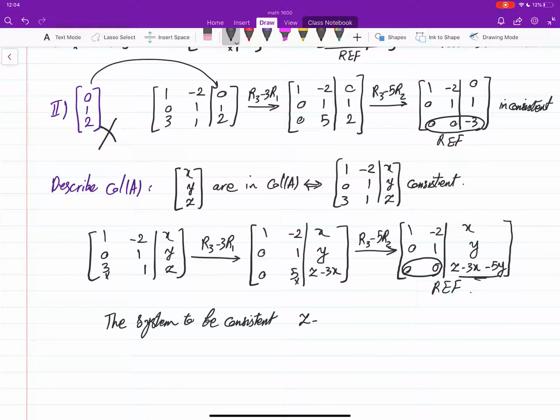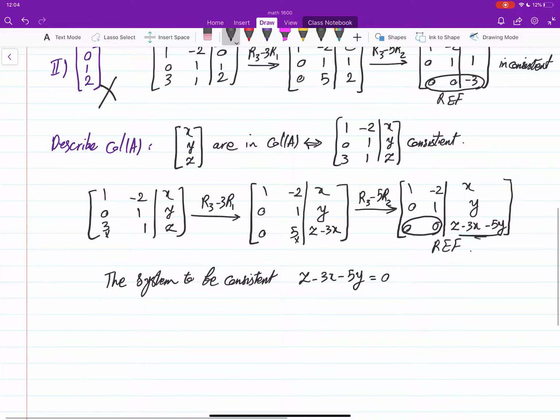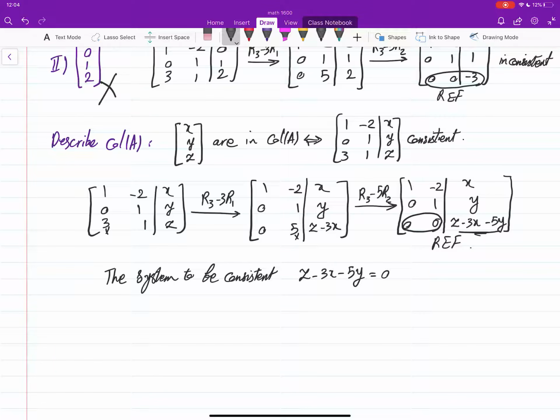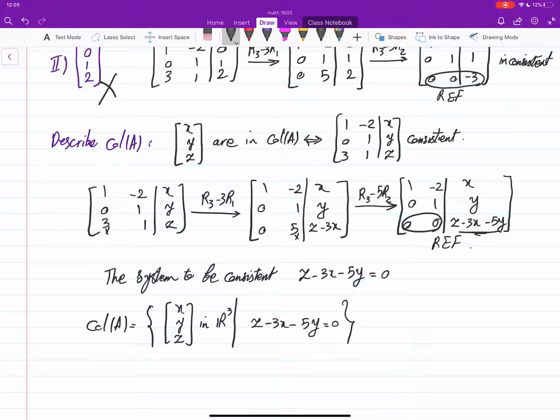So z minus 3x minus 5y needs to be equal to 0. And as you can see, this is a plane. So COL of A is all vectors in R3 such that their components satisfy this equation, that of the plane, minus 3x minus 5y plus z equals 0.